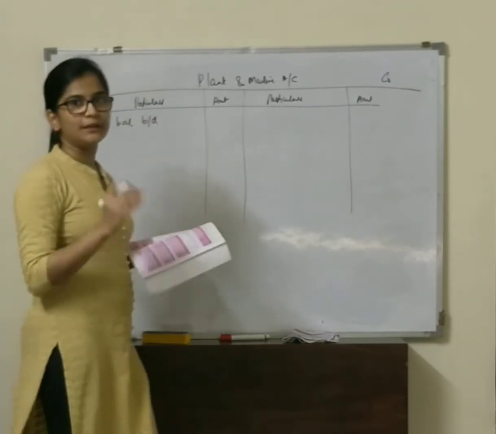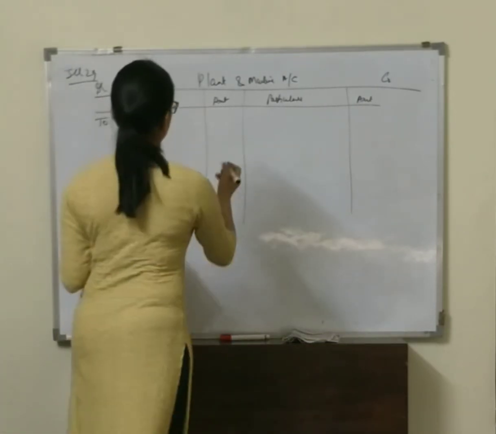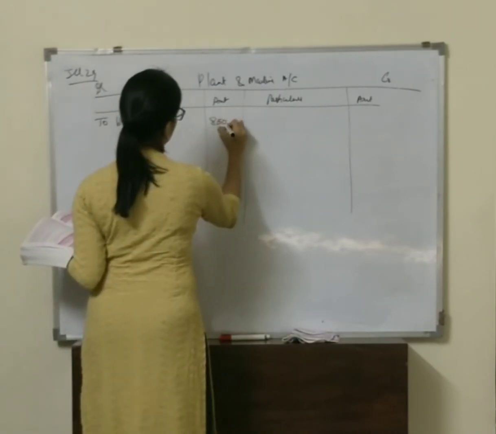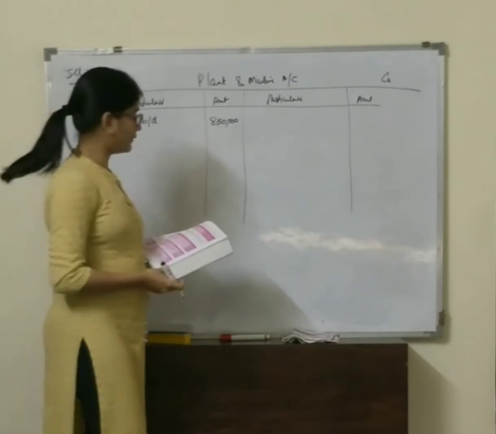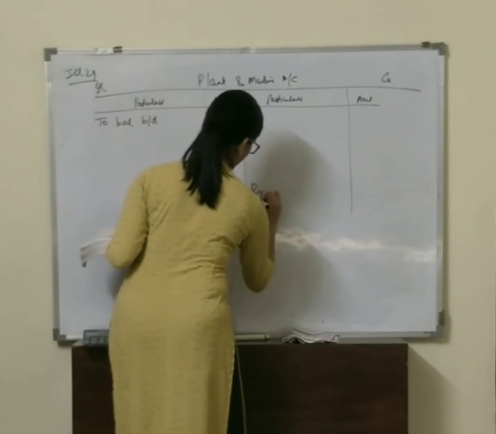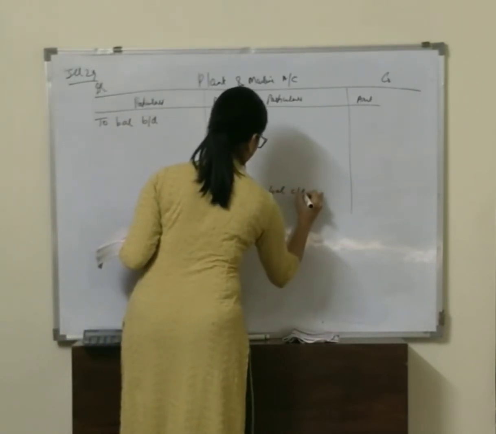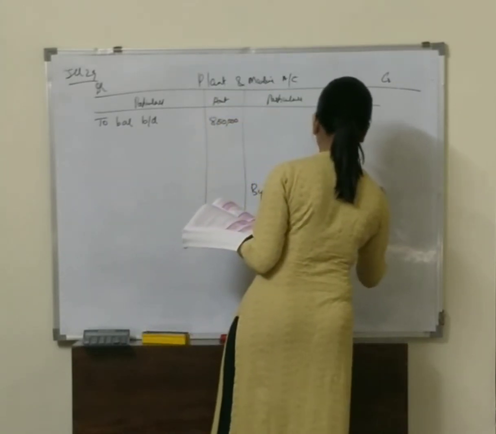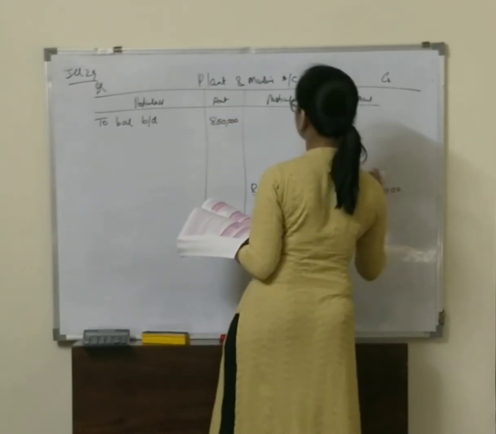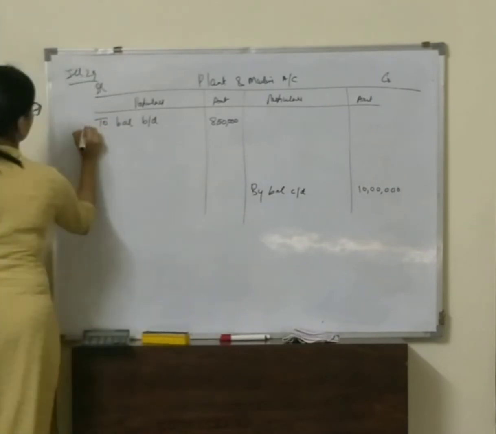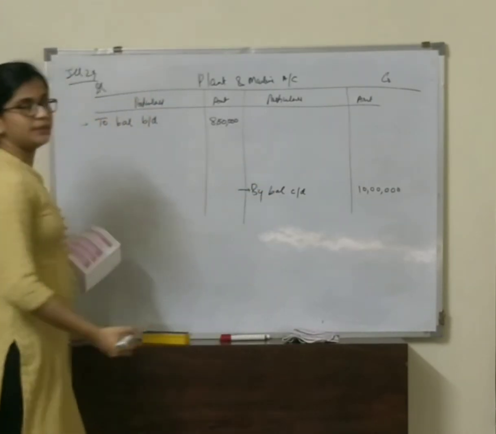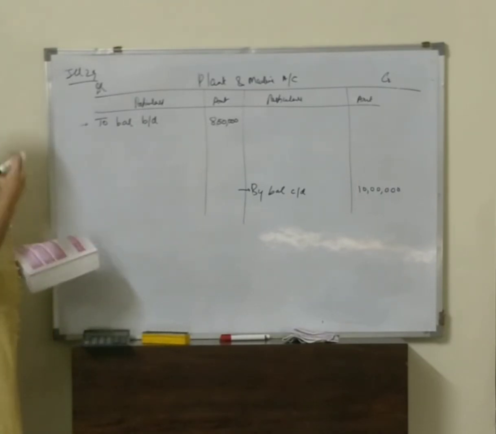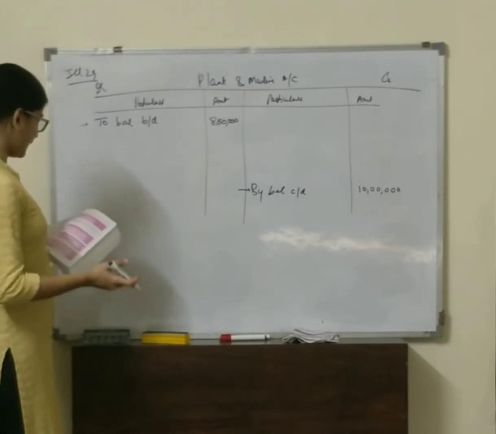The last year's balance we are bringing it this year, that is 8,50,000, and they have even given us the closing balance. So we have our closing balance: by balance carried down 10 lakh. So the first step you need to do in the ledger account is bring down last year's balance, write down your current year's balance which you will carry down for the next year.